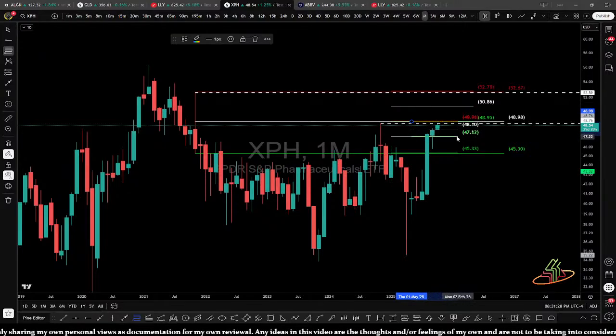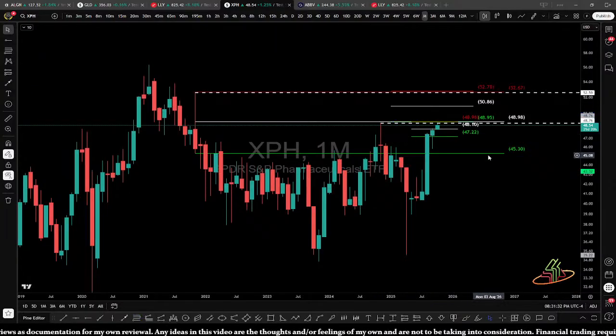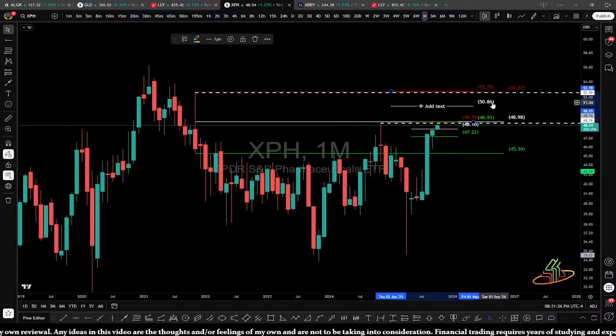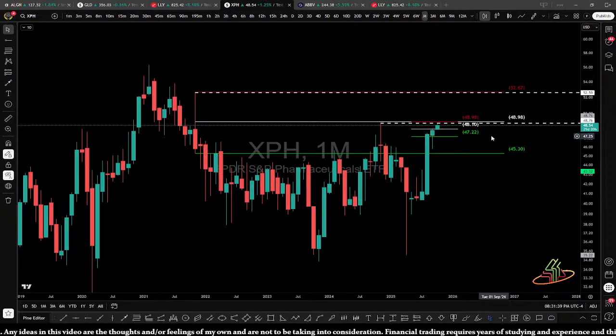When you break this 50% down, and I'll clear this one off so you can see the number, I'll take this top half off too. You can see that if there is any type of a pullback, it should only pull back to around $48. It's at $48.50 now, so it shouldn't lose $48. Then it should continue further.